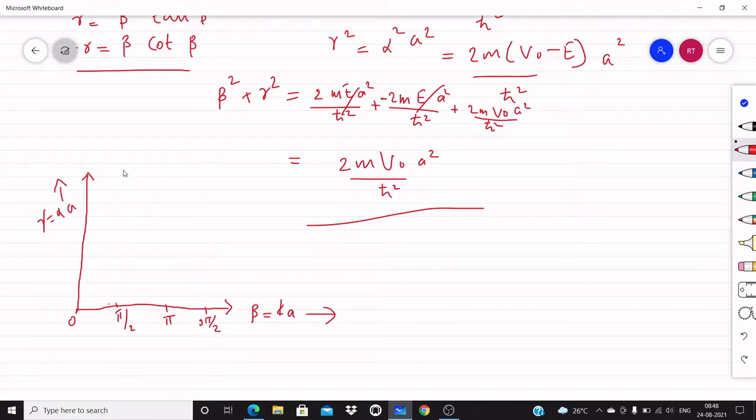That means pi by 2 corresponds to this line, pi corresponds to this line, 3 pi by 2 corresponds to this line.